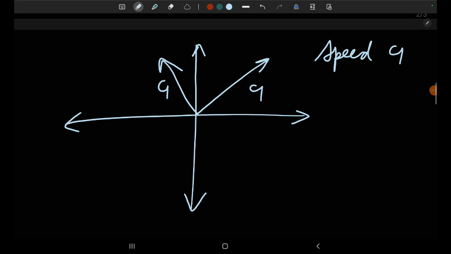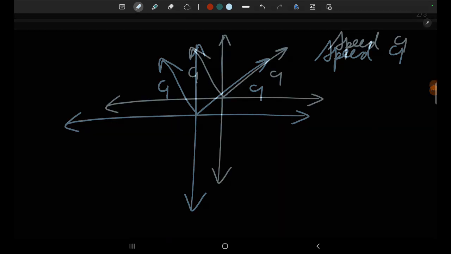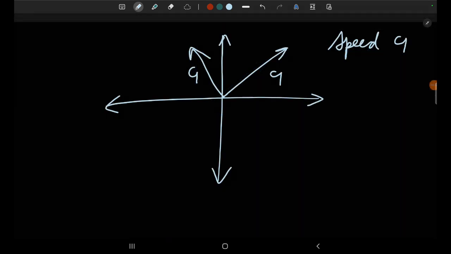What was the locus of all those points which were at a distance c1 from the origin? What do I mean by that? We are looking for all the vectors that had a magnitude c1, meaning they have a distance c1 from the origin. So what I was looking for was the locus of all those points having a distance c1 from the origin.